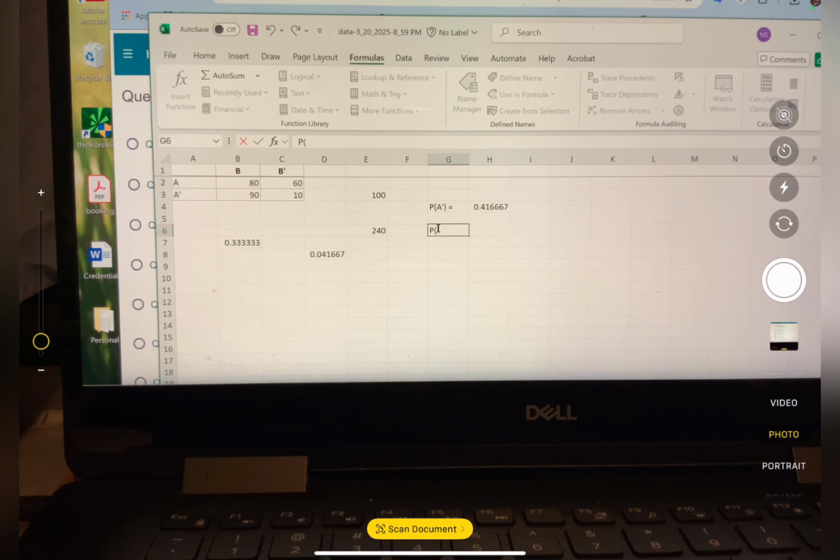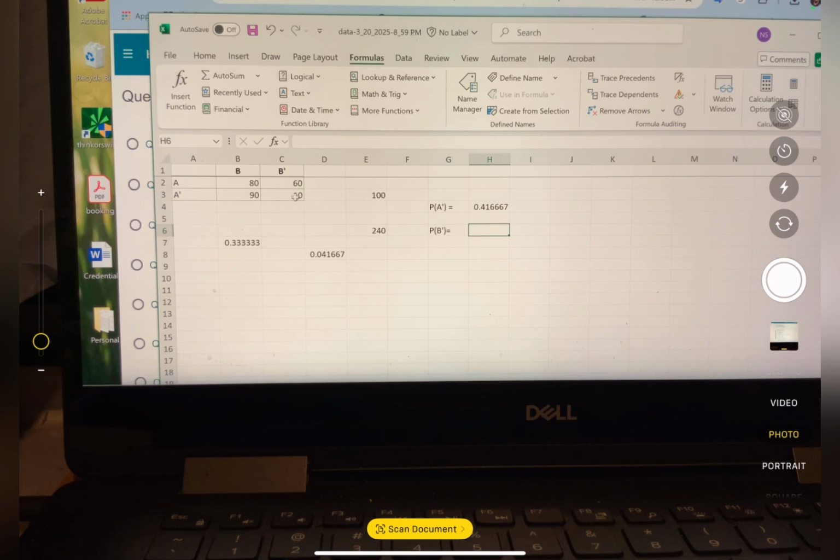How much is our B prime total? 60 plus 10, right?